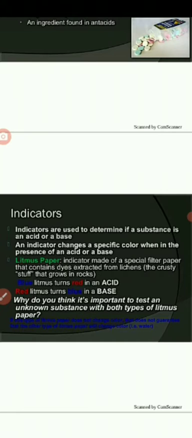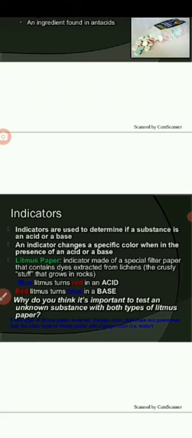When red litmus paper is dipped in a solution and turns blue, it is a base. If the given substance is a base, the blue litmus paper will not turn red, and if a given substance is an acid, the red litmus paper will not turn blue.